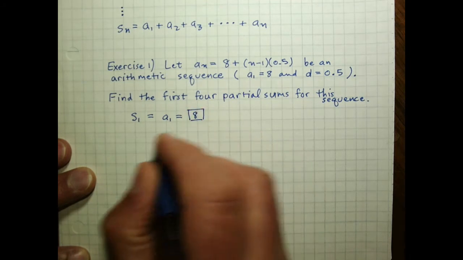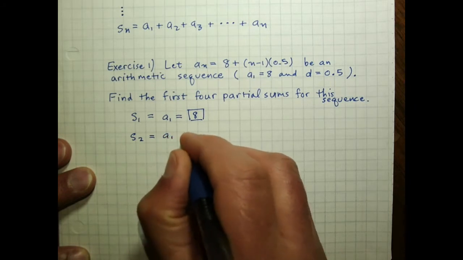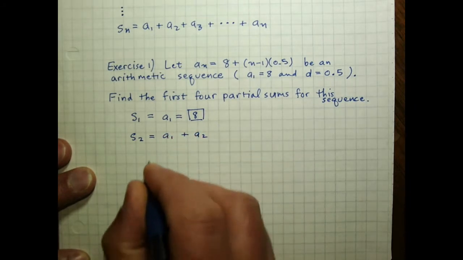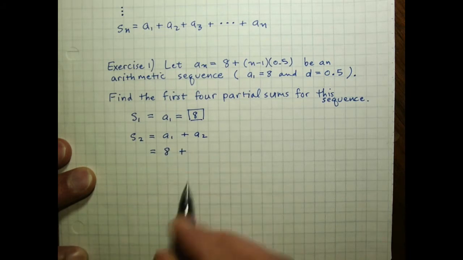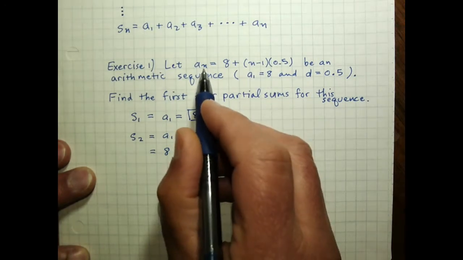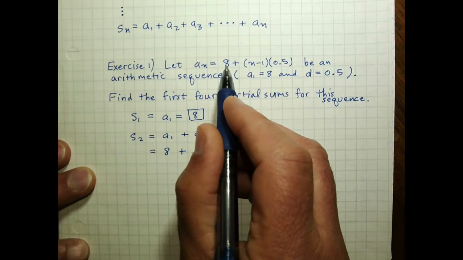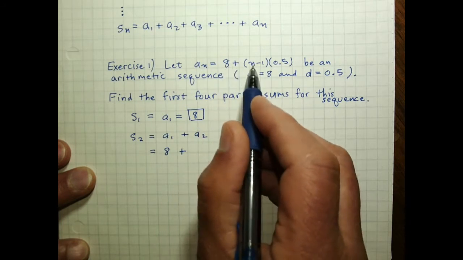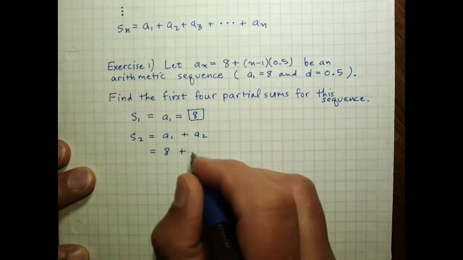That was easy enough. S2 is going to be A1 plus A2. So we're going to take that 8 that we already figured out, and we're going to add A2 to it. Now, if I go up to the formula, A2 is what I get when I take 8 and add on 2 minus 1, or that's going to be 1, times 0.5.